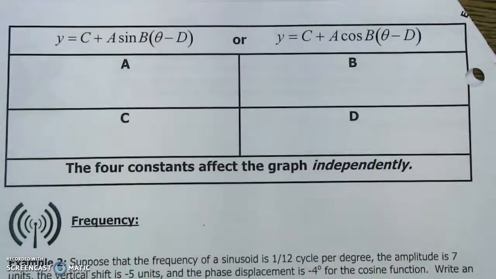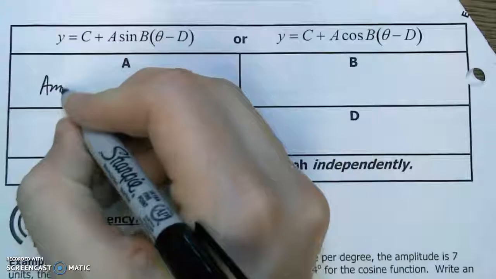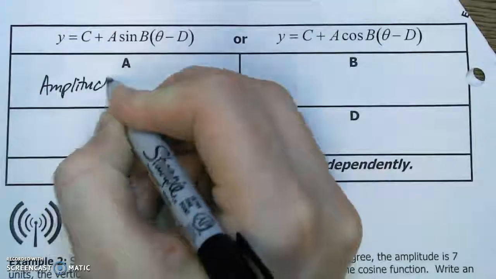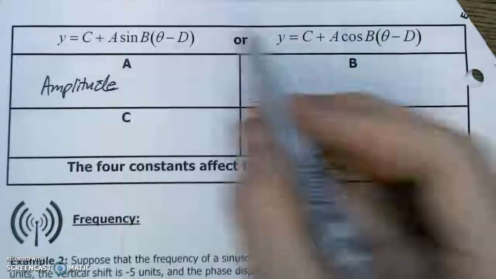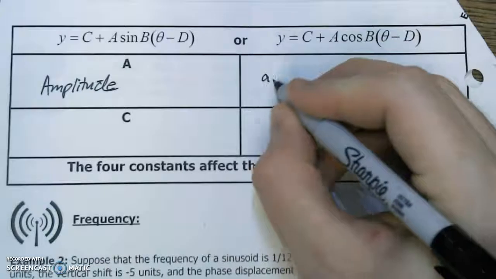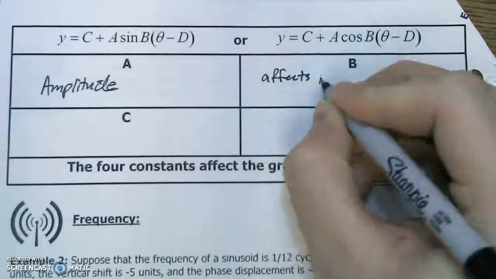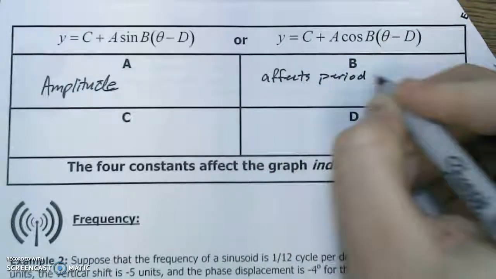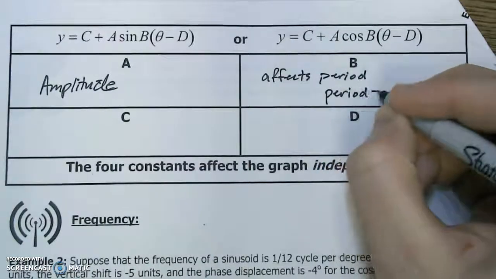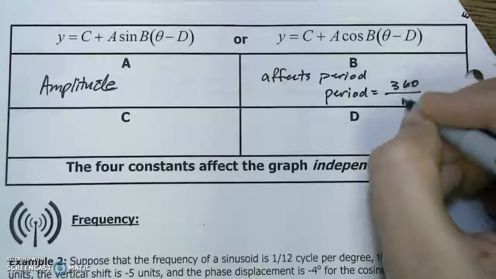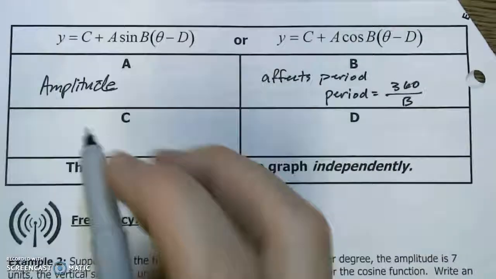So a summary of what we just saw was A is your amplitude. B affects your period. It is not the period itself, but it helps you find your period. So the period is 360 divided by the B. Your C is your vertical displacement.